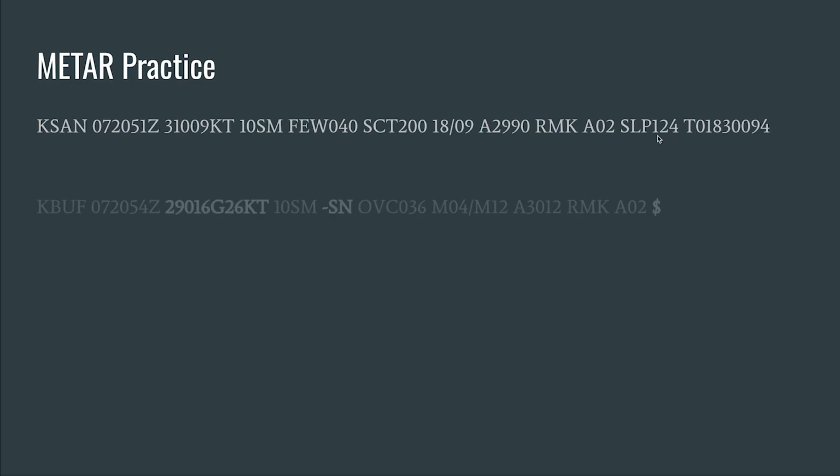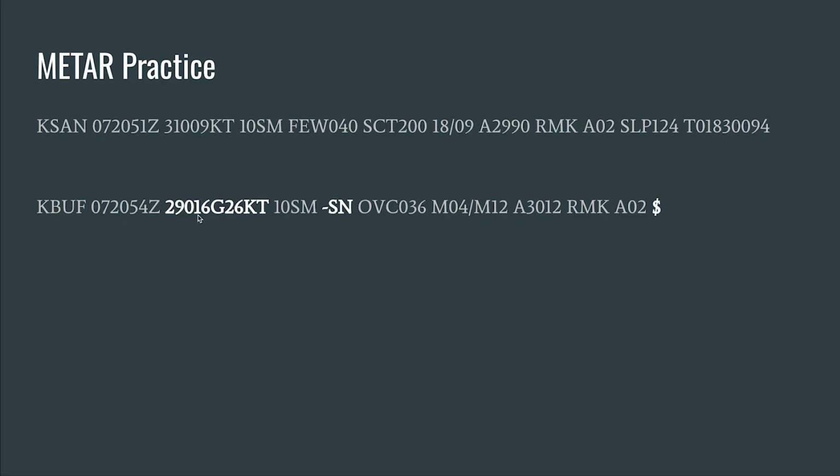So this next one here we see coming out of Buffalo, KBUF. Not going to cover every single thing in this METAR like we did in the last one. Just want to highlight a few key changes that we might see on some other METARs. So in this case, when you look at the winds, you see a little bit more information there. There's a few more numbers and letters. We have 290, so our winds are still coming from direction 290, but now we see 16 G26 KT.